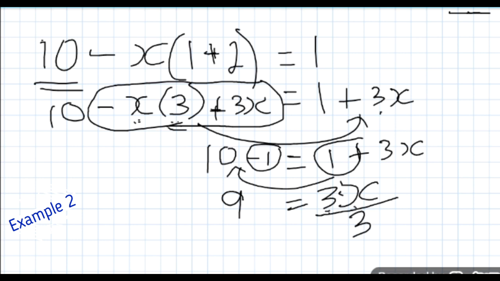So the times 3 that's happening on the top is going to be cancelled out by the divide by 3 that you put in on the bottom, right? So that 3 cancels out this 3 on the bottom. After you do the same thing on the other side, divide by 3, you're left with 3, because 9 divided by 3 is 3. In other words, 3 times 3 is equal to 9.